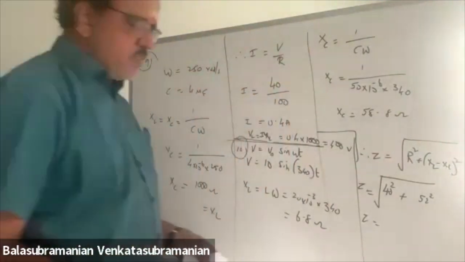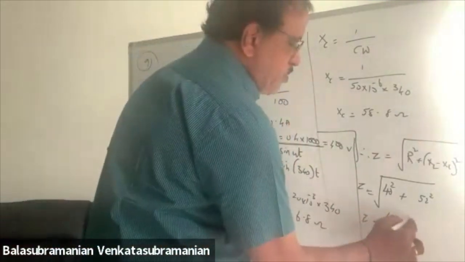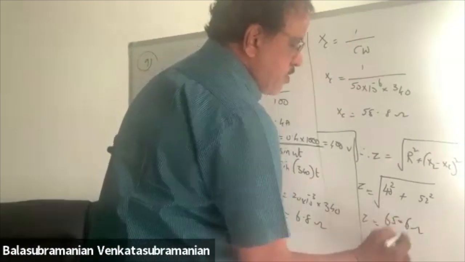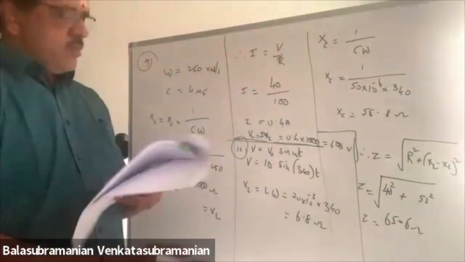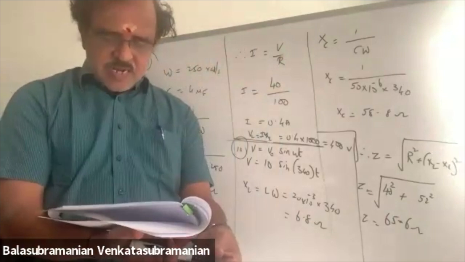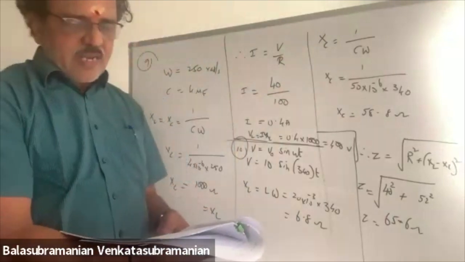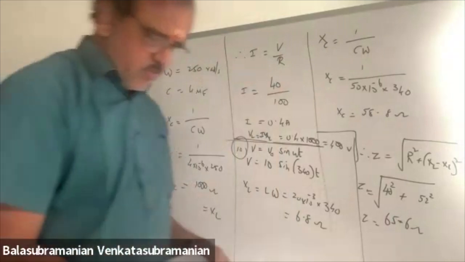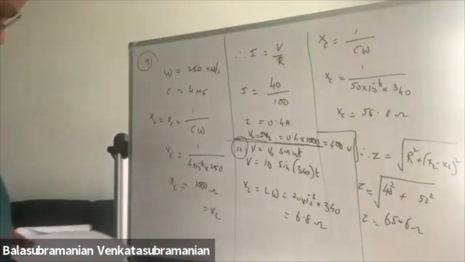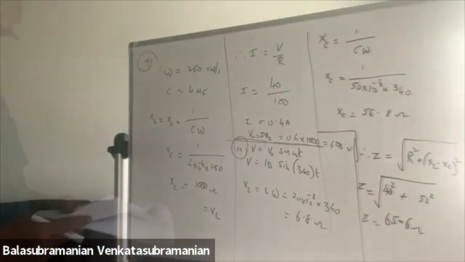Simplify, 65.6 ohms. You have calculated impedance only. The question is, you have to calculate power loss in the AC circuit. So calculate the current now.